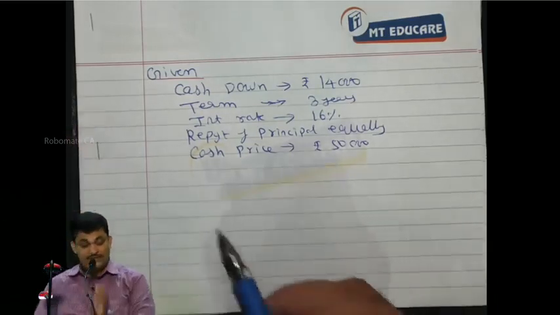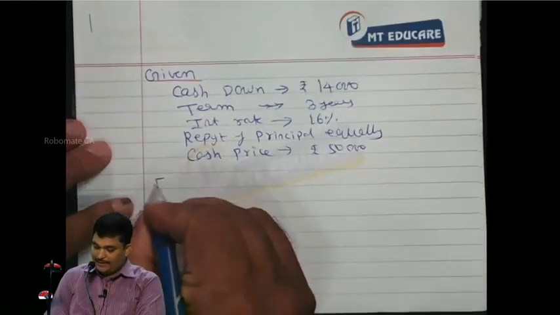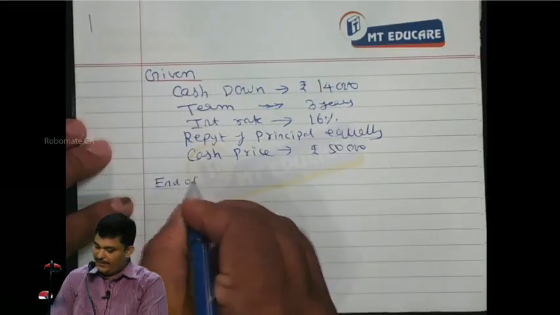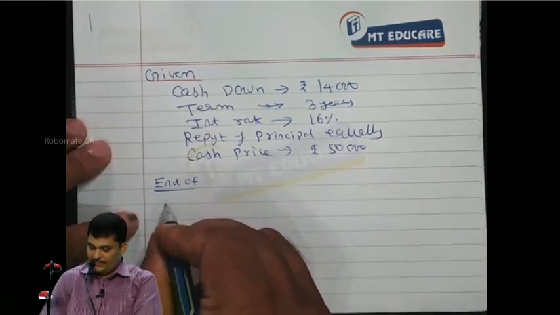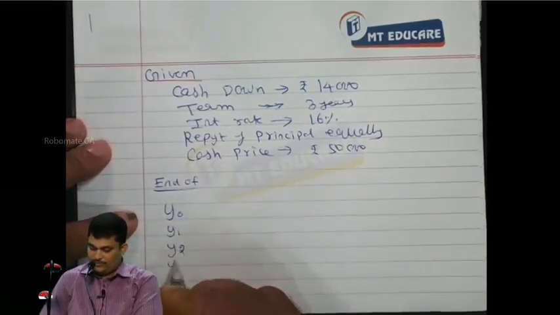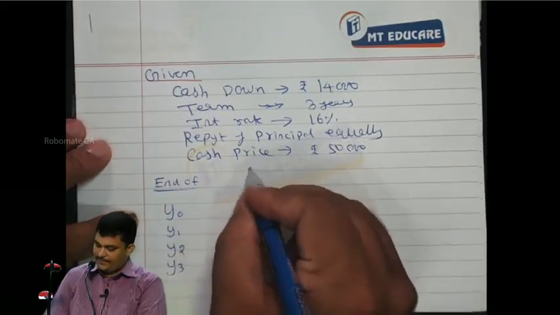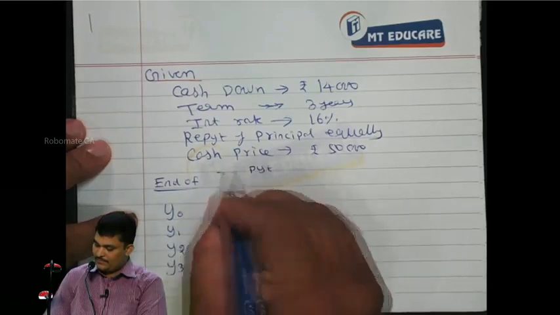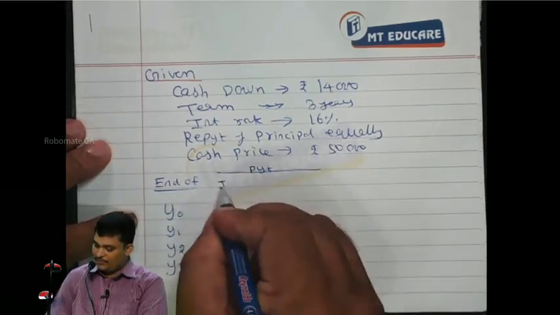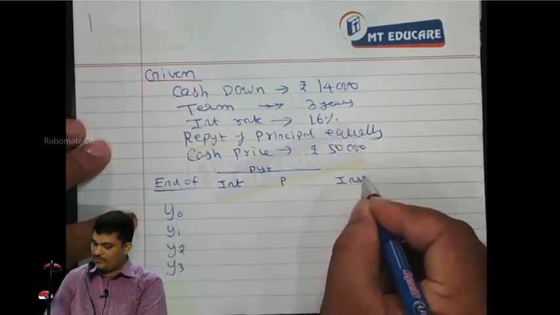Now listen carefully. Let me take the computation. End of year 0, year 1, year 2, year 3. Payment, which I am dividing into interest, principal, installment.